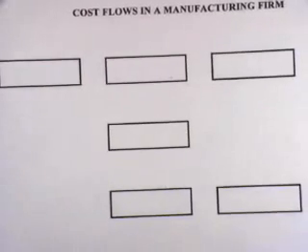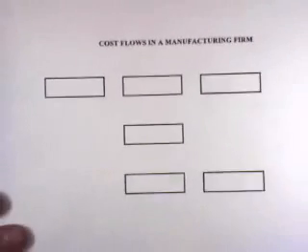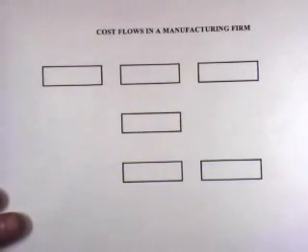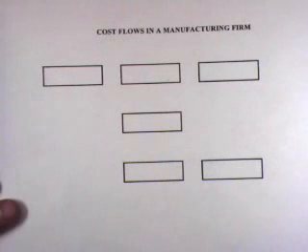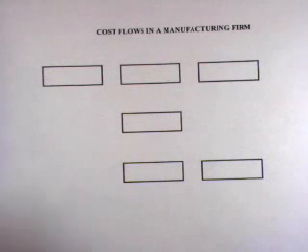overview of cost terms. Now let's take a look at this diagram that will show us the way that costs flow through an accounting information system, particularly for a manufacturing firm.